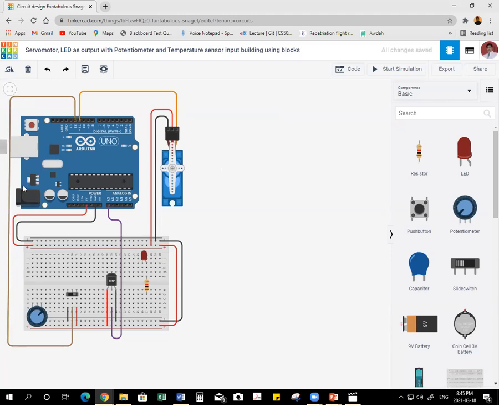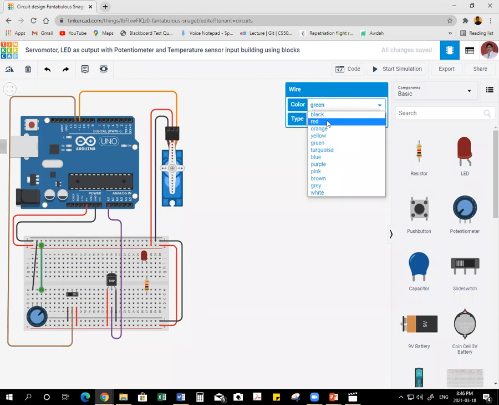Now only three connections are left, that is the potentiometer. This is red, power supply, and this is ground, black, and this is, sorry, power supply red.